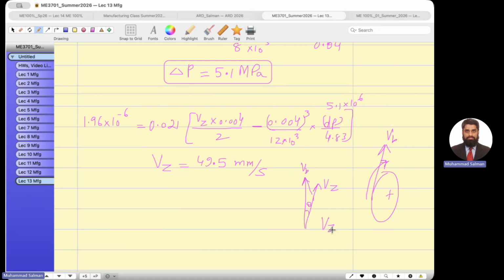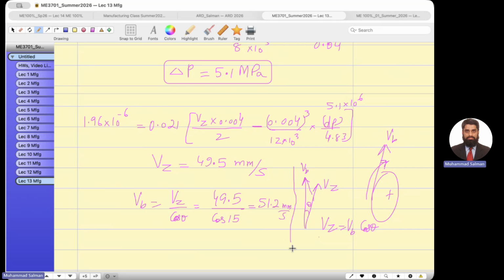So Vz equals Vb cosine theta, and V barrel equals Vz over cosine theta, and Vz is 49.5 divided by cosine 15, which is equal to 51.2 millimeters per second. Agreed?